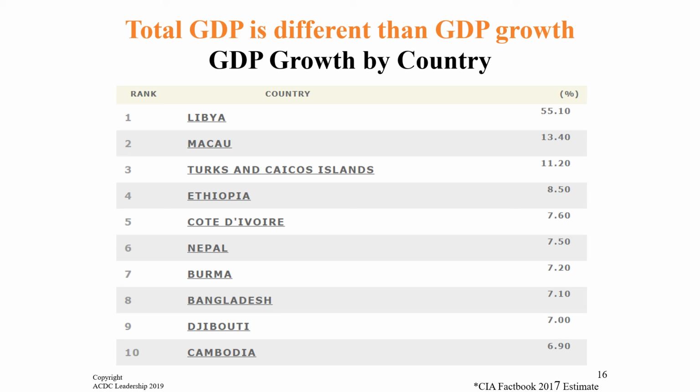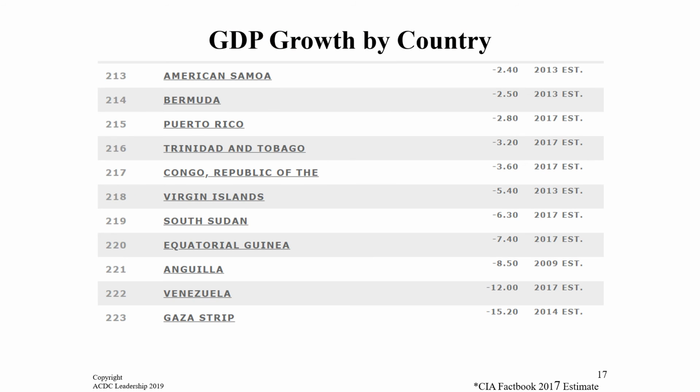And this is 2017, so probably this might have been after the dictator was overthrown and they went to a more robust economy, more of a free market, and that's probably the reason for that growth. Whereas you have these countries experiencing negative growth, Venezuela, you know, they've gone through some political unrest, and that impacts your GDP.